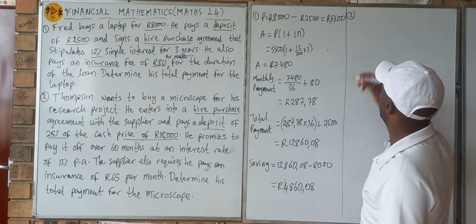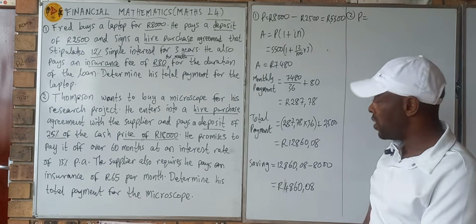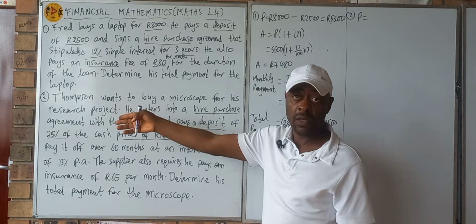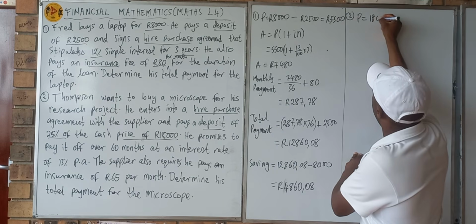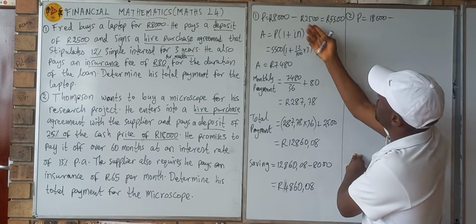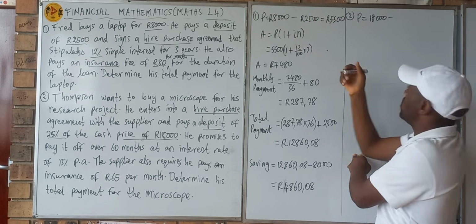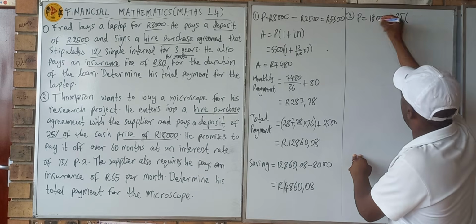Our starting point should always be our principal loan. The original cost is 18,000, but you are only paying 25% of that. So if you need your principal loan, you need to take 18,000 minus your deposit, just like we did here, 8,000 minus our deposit. Here, our deposit was given to us, but here, our deposit is 25% of this cash price.